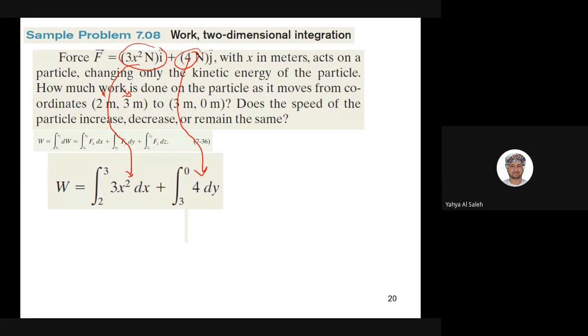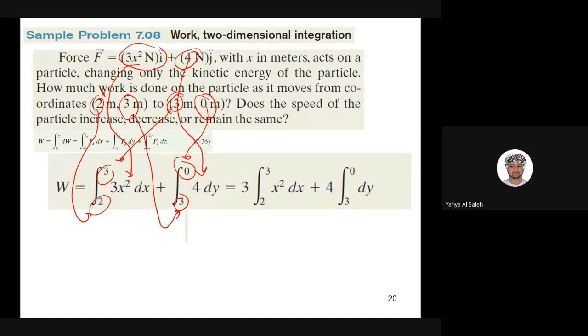So we go from x initial to x final, y initial to y final, and we do the integration.